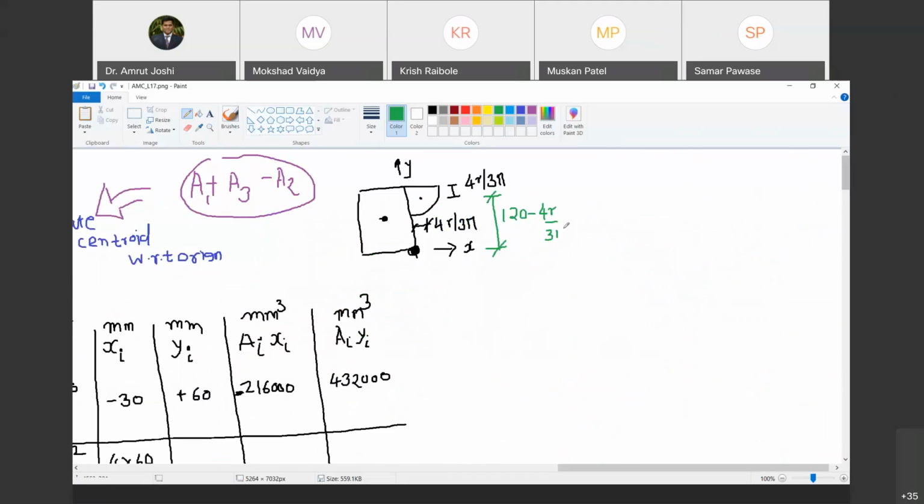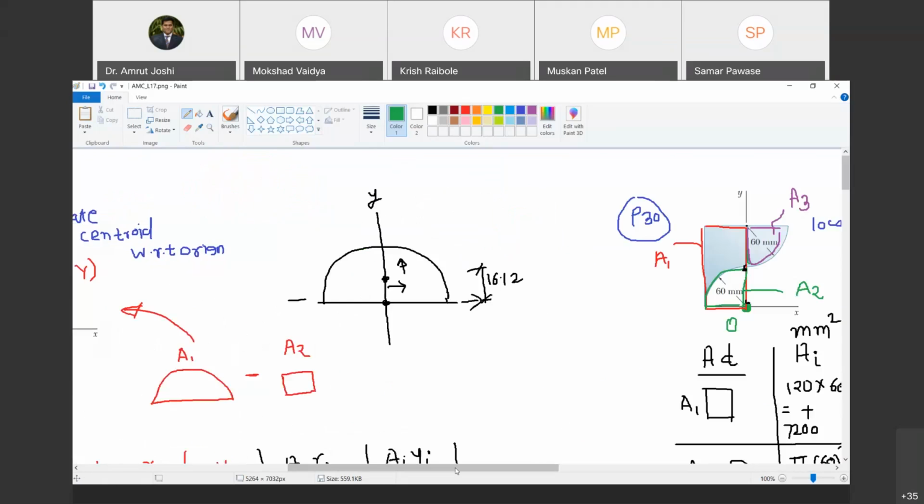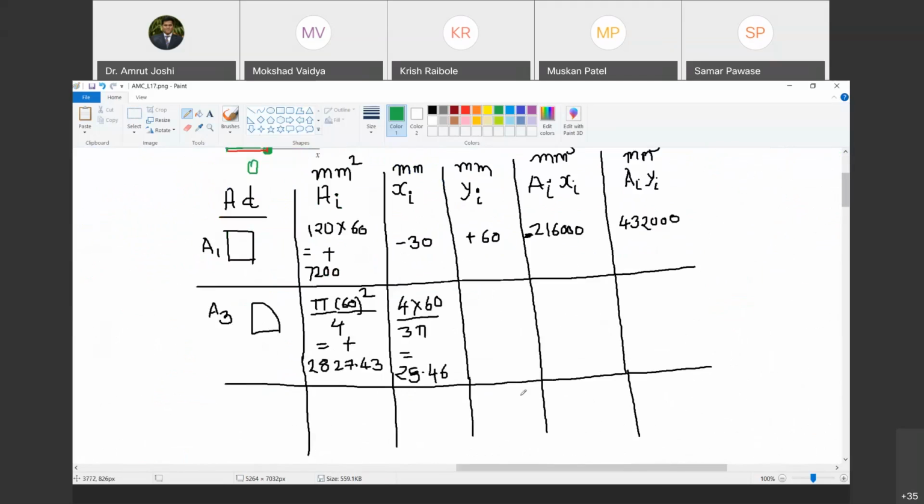So tell me how much is that? 120 minus 4r by 3 pi. So that turns out to be 94.53. Very good. Now tell me summation ai xi.